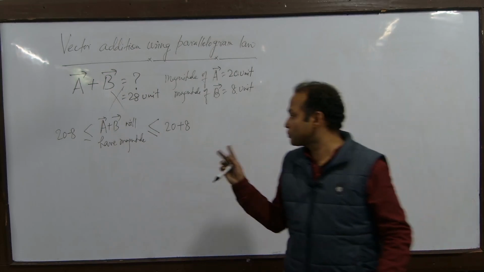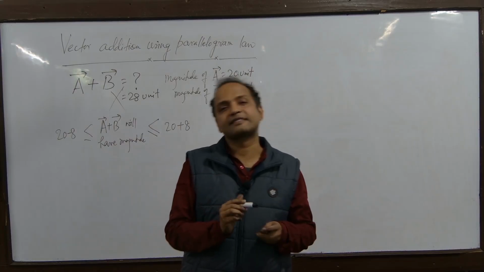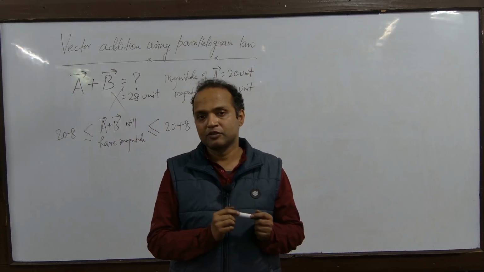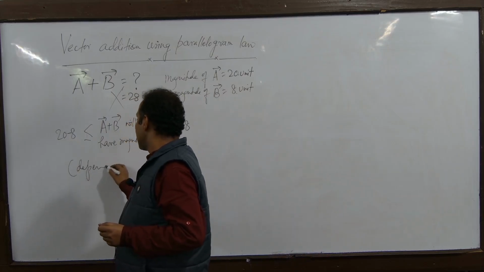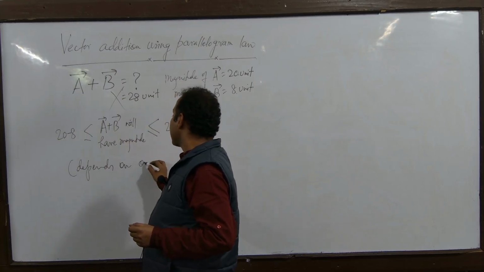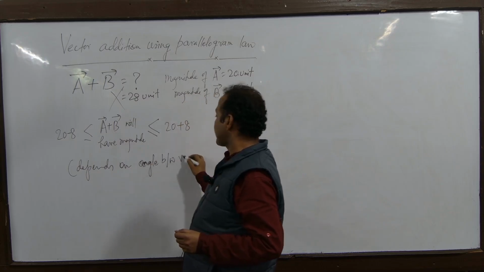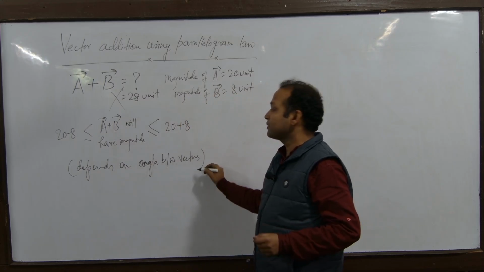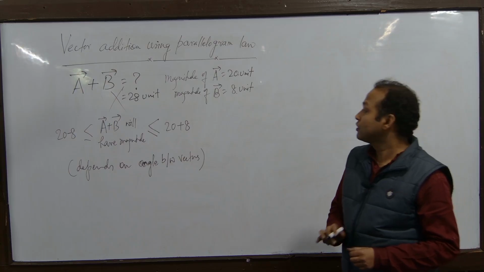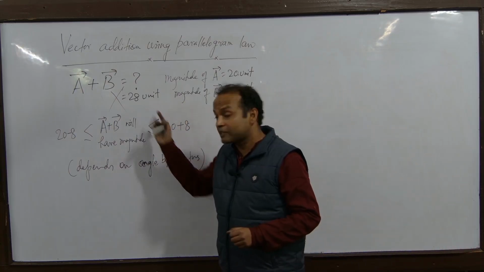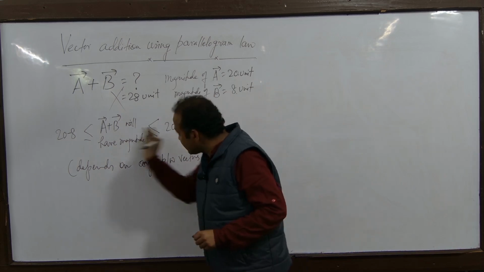Between these two limits, anything will come as a sum of vectors. That depends on the angle between vectors. So 28 is also right, but for one angle. There may be many other possibilities.